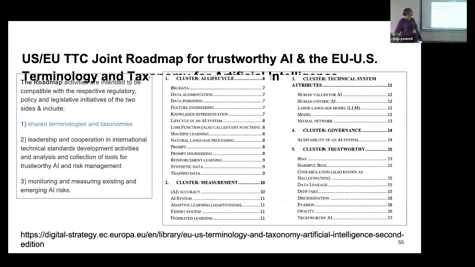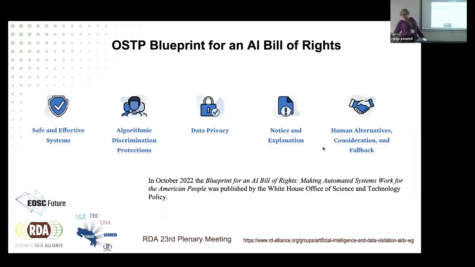The US-EU TTC joint roadmap has output a glossary that includes a shared terminology and taxonomy for the terms you see here and their technical and legal definitions for use in cross-cutting trade agreements. I encourage you to see this. This is probably one of the best US-involved outputs.